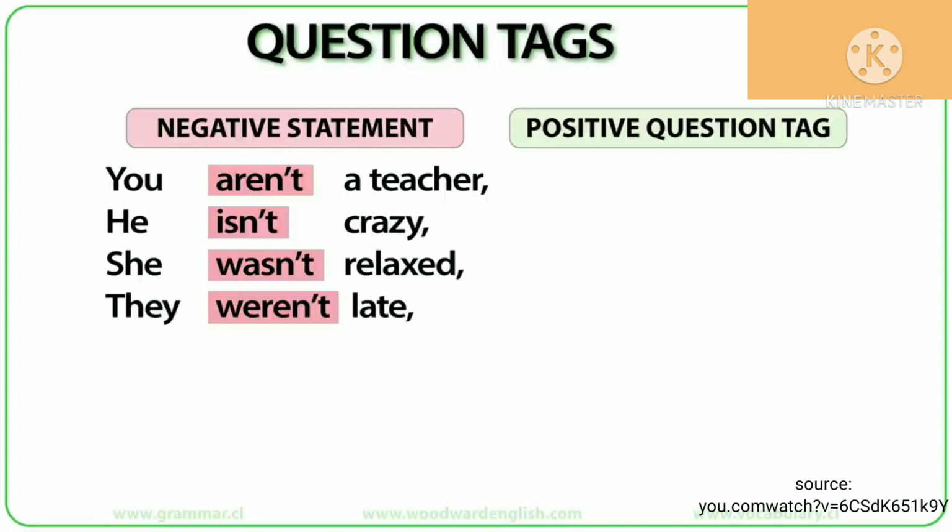Remember, if the verb to be in the statement is in the simple present tense, then the question tag also needs to be in the present tense. If the verb to be in the statement is in the simple past tense, then the question tag also needs to be in the past tense.